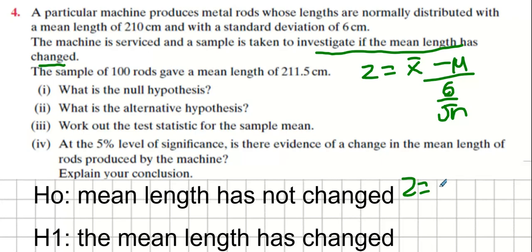What's the mean of the sample we took? 211.5, because we took a sample of 100 rods and that's what we got. Now, the population mean would be your original mean, 210. Your standard deviation is 6.